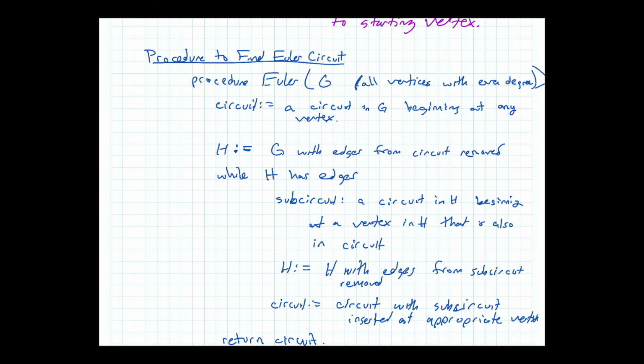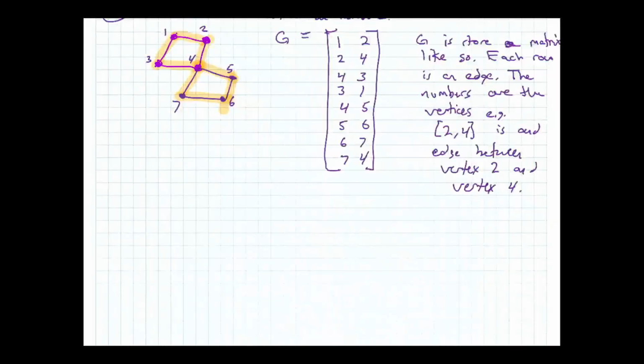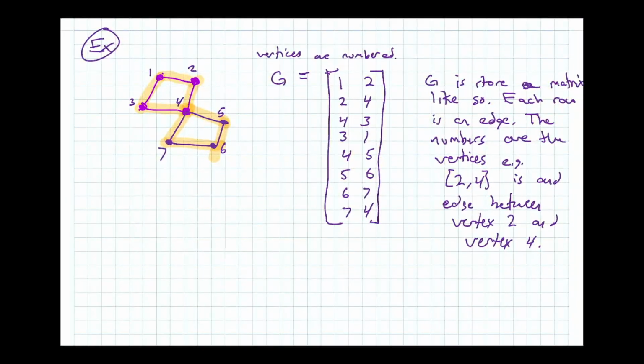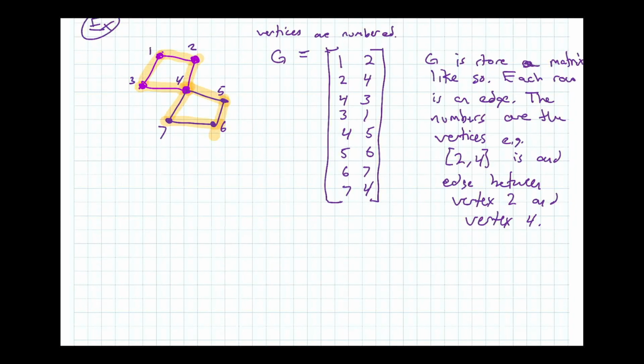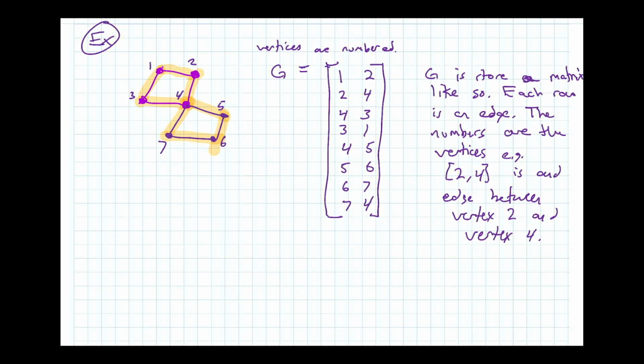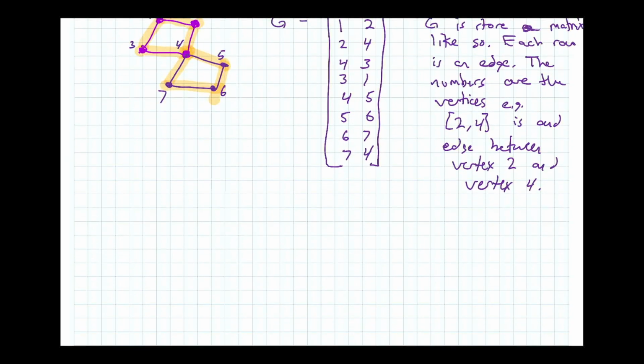A circuit means just a sequence of edges where you get back to where you start. All you have to do is follow along edges and you'll eventually get back to where you started.